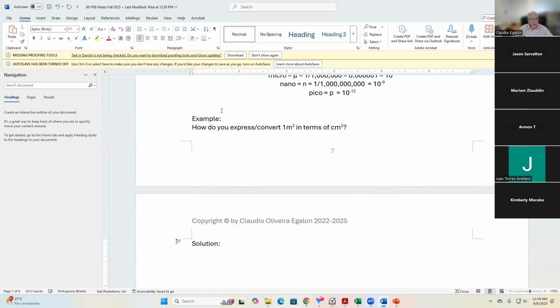That's the question that I'm going to ask. Is 1 square meter equal to 100 square centimeters? That's the temptation that we have. Actually not.